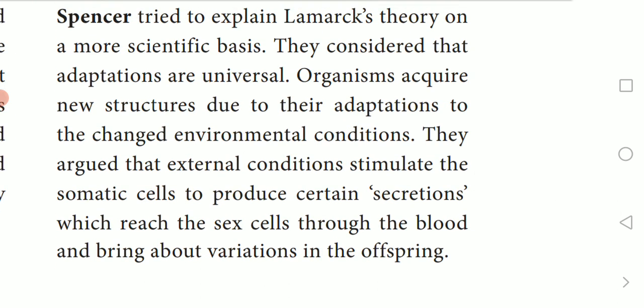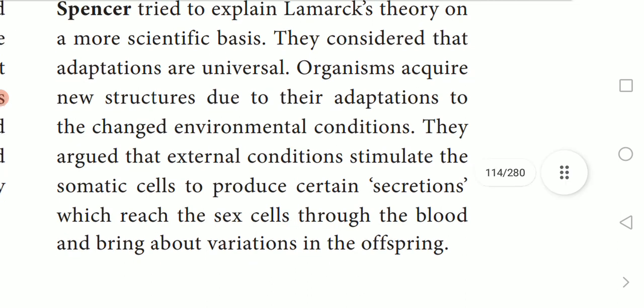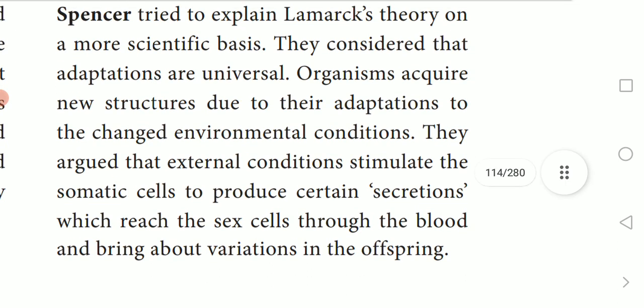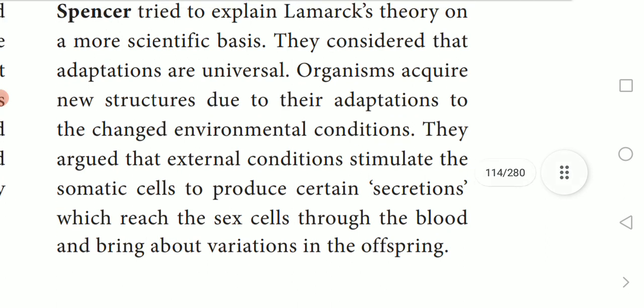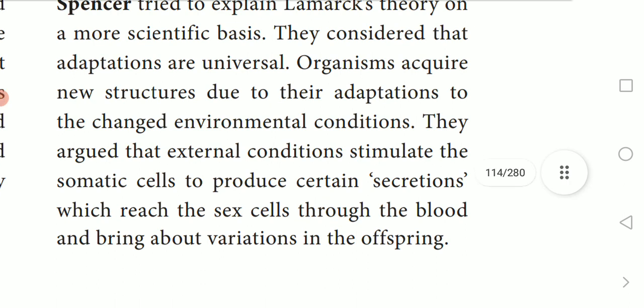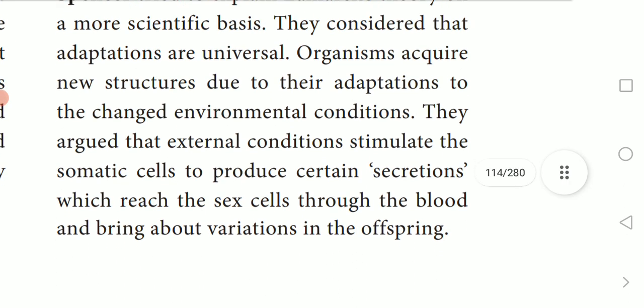They consider that adaptations are universal, and that organisms can select their own habitat under suitable conditions. Organisms acquire new structures due to their adaptations to the changed environmental conditions.